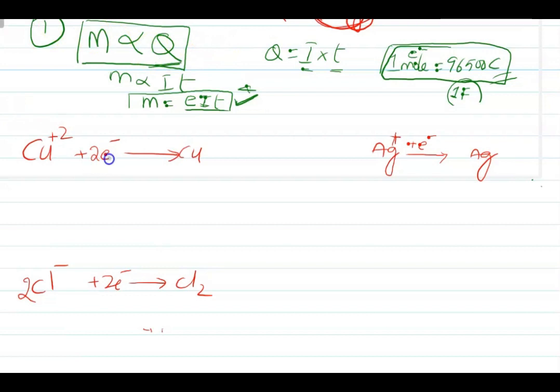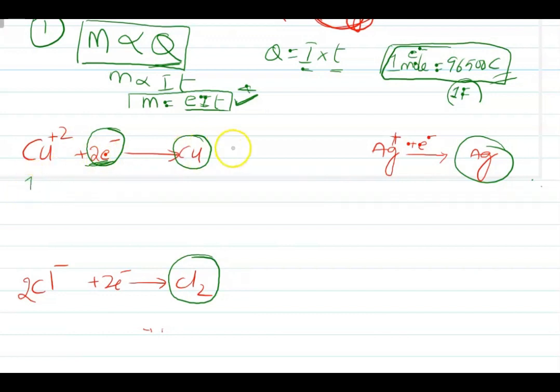Faraday's first law says that the mass deposited at the electrode, or the mass liberated of a component, is directly proportional to the charge. See how many electrons are moving. Here there are 2 electrons. 1 mole of electrons always takes 96,500 coulombs of charge.